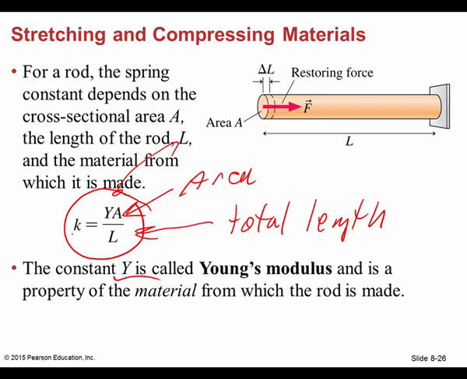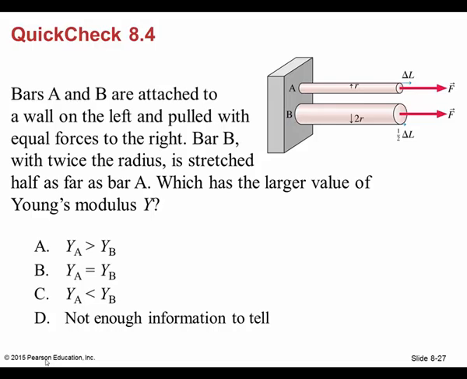Okay, so we can actually find the spring constant there. Now, Young's modulus has a value of meters, well, shoot. I think it's meters, yeah, 1 over meters. I believe that's right. Is that right?